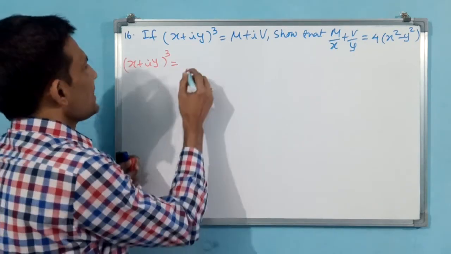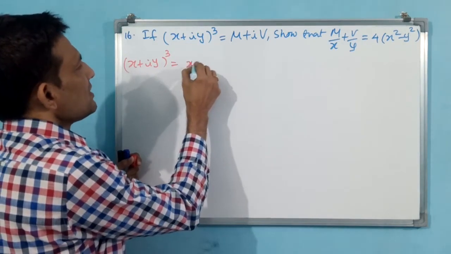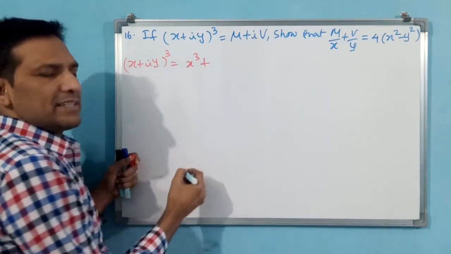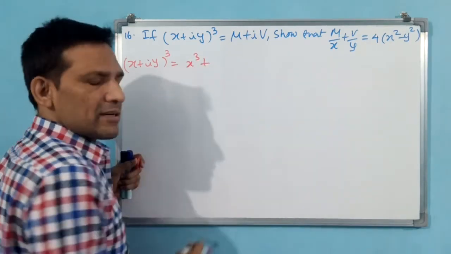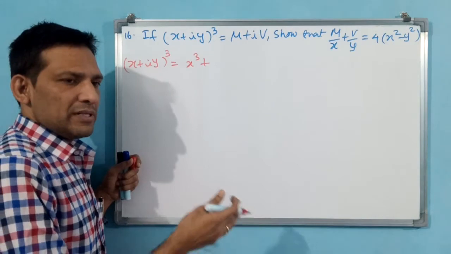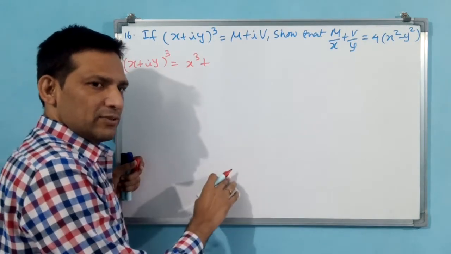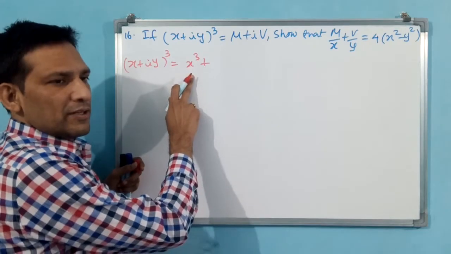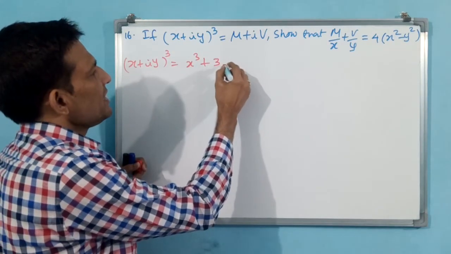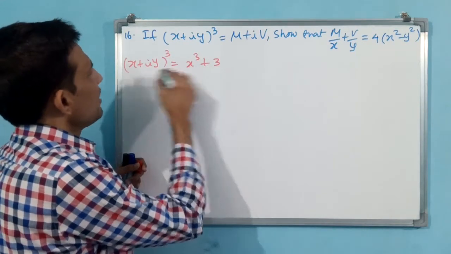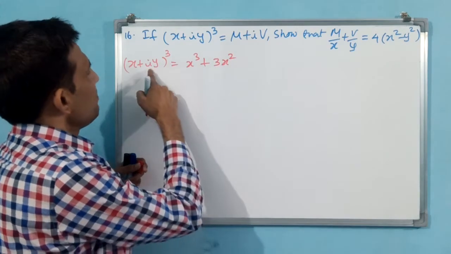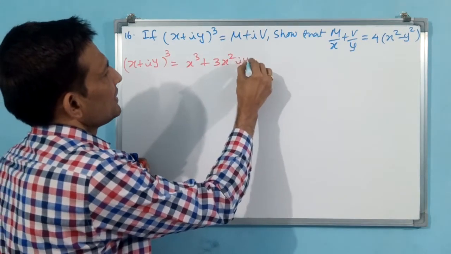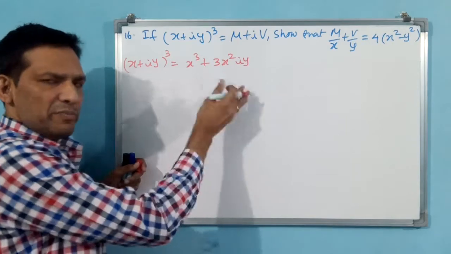Write down a cube plus 3a square b, and we write b cube last. Why? Because the binomial theorem says like that only. We will follow that rule. A cube, plus 3a square b: 3, a square means x square, b means iy.